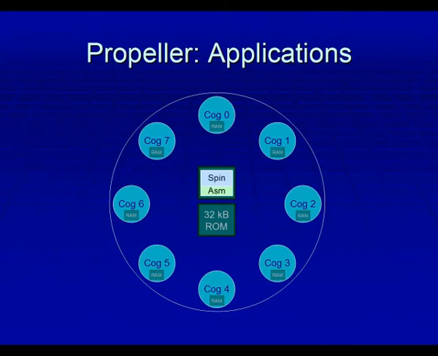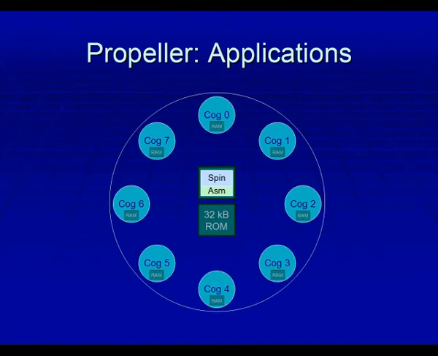It can also optionally be stored in the Propeller's external EEPROM for use upon the next startup. But either right after download or right after startup, the Propeller application, both Spin and assembly code, live in the main RAM. So it's important to keep that in mind, that the application doesn't live in any of the cogs at the moment, just in the main RAM.